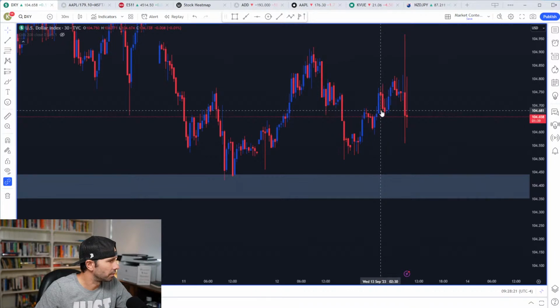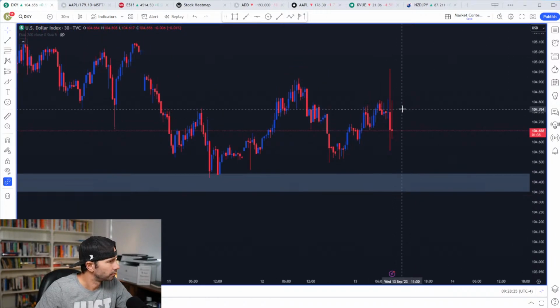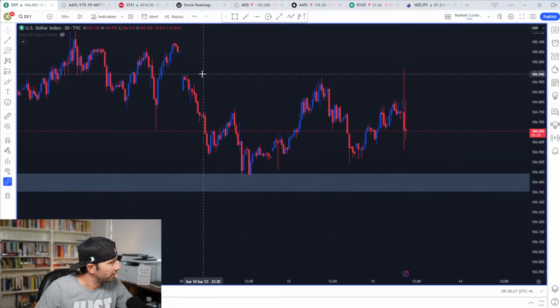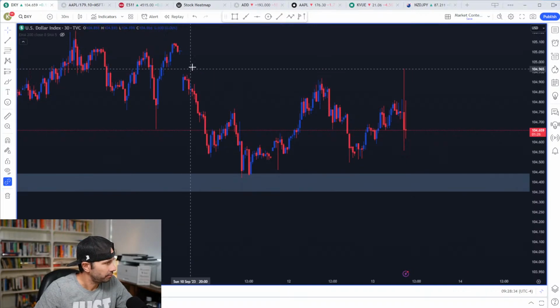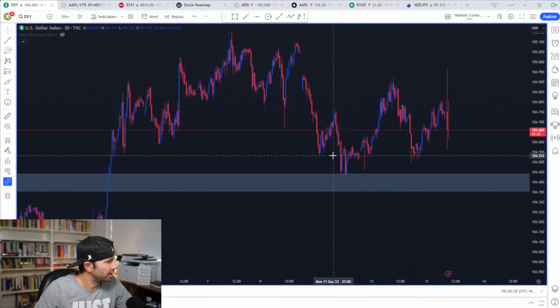Here was the London Open, so we're actually trading below London Open. One of the things that is very important for me is that the gap has been respected from Sunday. So this gap is being respected.